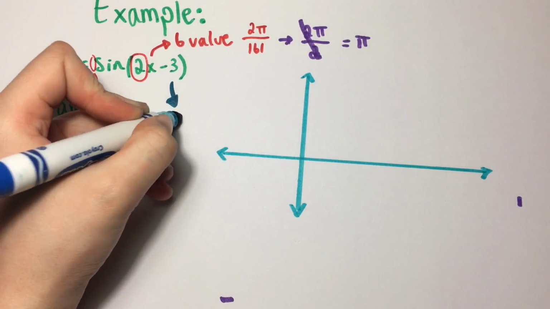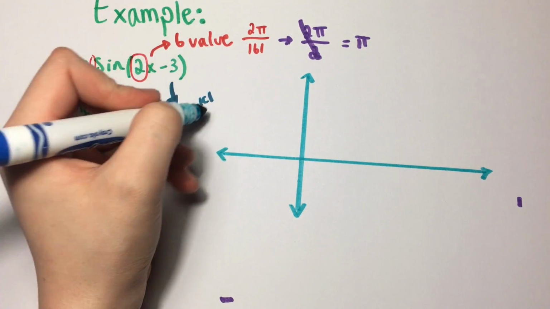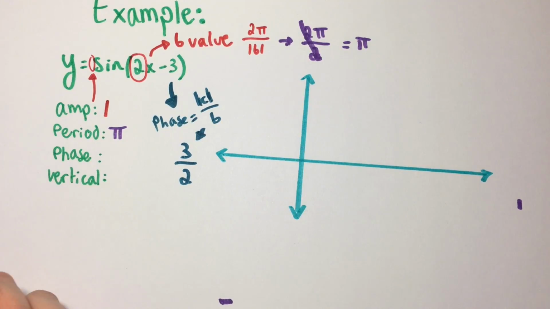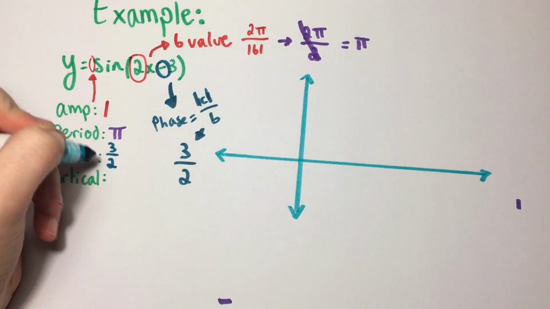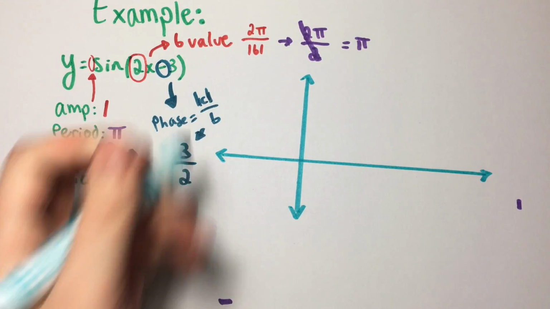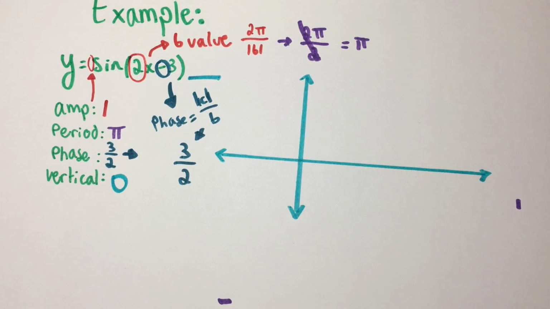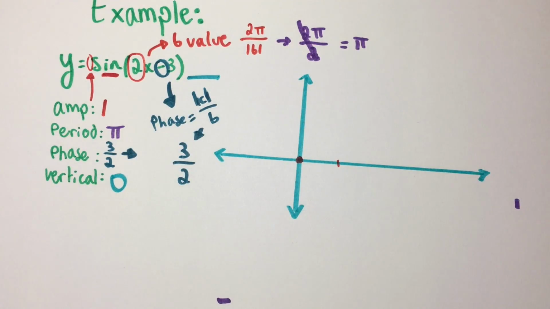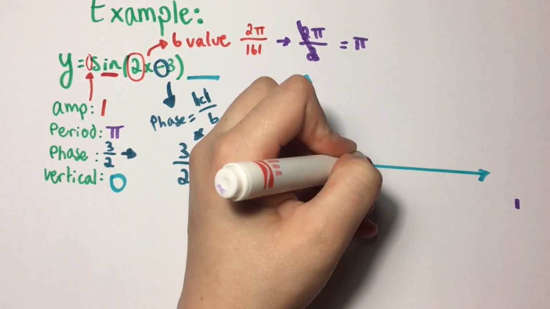To find the phase shift, we're going to take the opposite of our c value, which is positive 3, and divide that by our b value, which is 2. And now for the vertical shift, there isn't one because there is nothing written outside of the parentheses that is being added or subtracted to it.